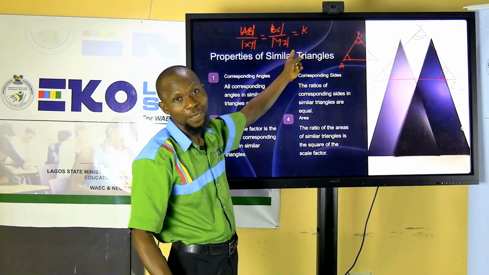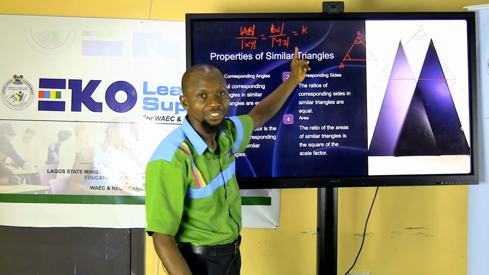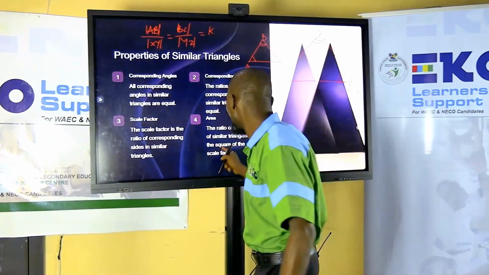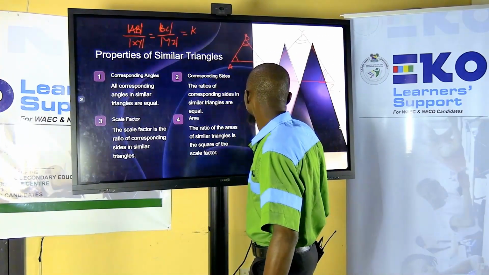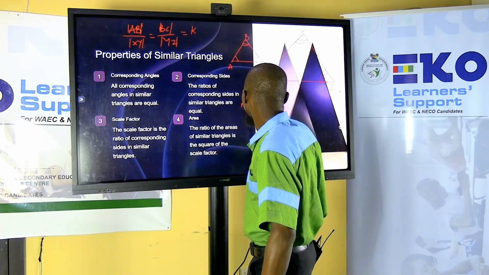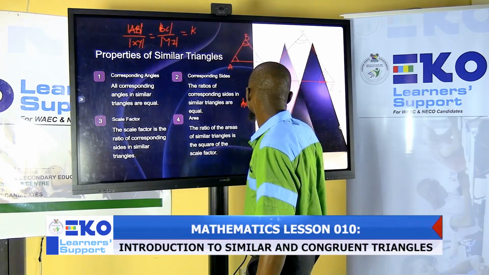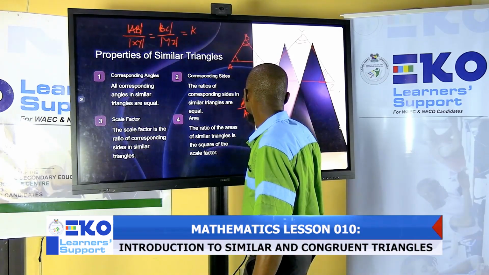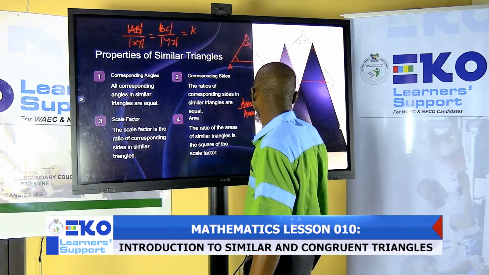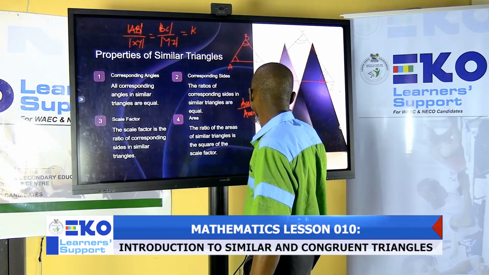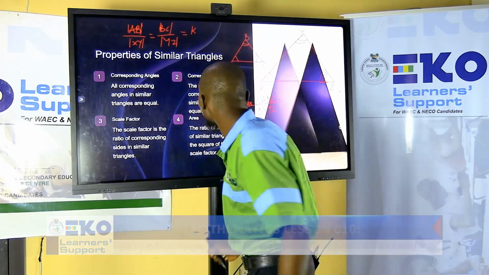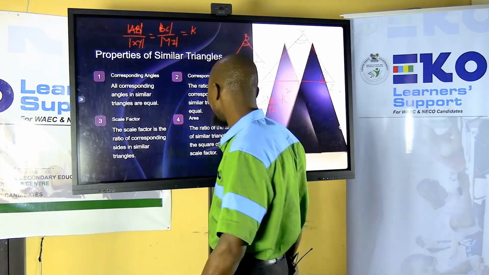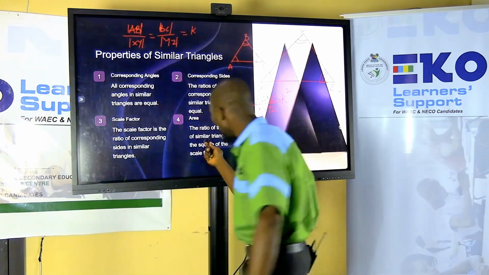Since we know the scale factor is K, we can say that the area of triangle ABC over the area of triangle XYZ will be equal to the square of the scale factor, K squared. All right, so that is the meaning of this.